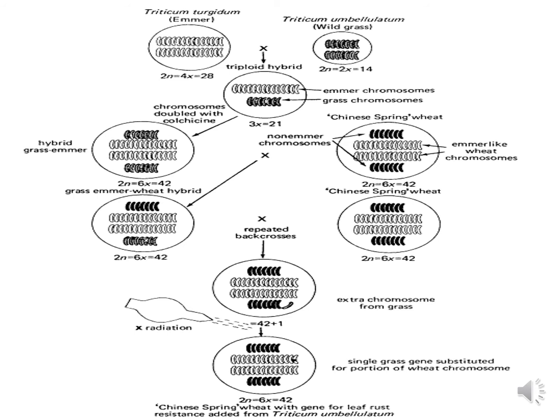Each time we do a backcross of the cross with the Chinese Spring, we make sure that we always have rust resistance from the emmer hybrid.